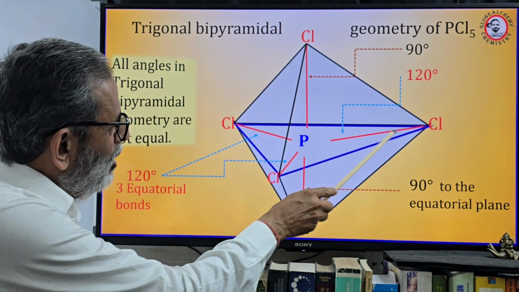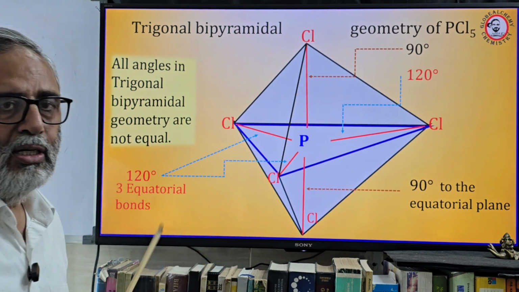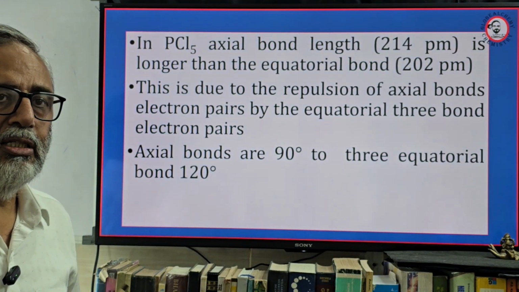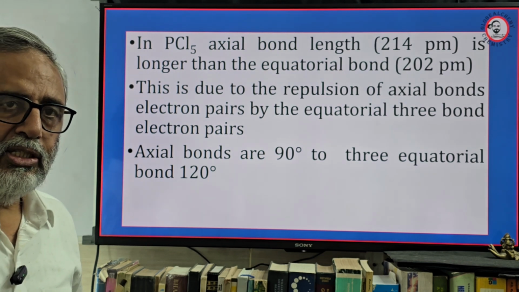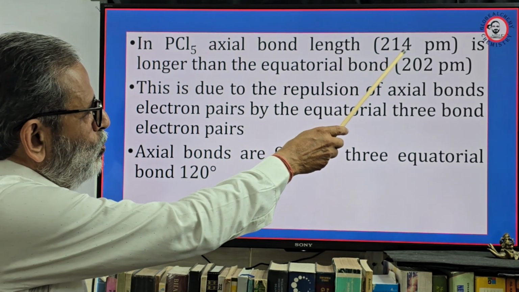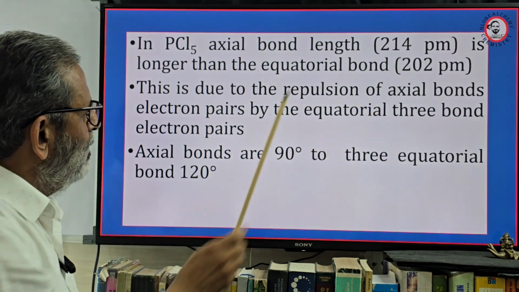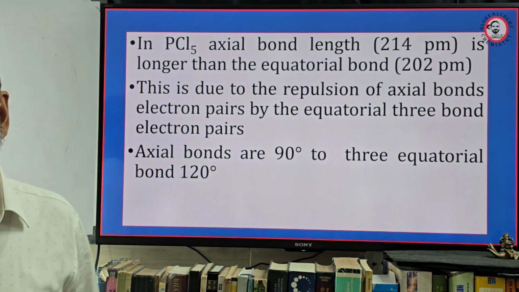So this bond length and this bond length is not equal. Why does this happen? You can see here in PCl5 the axial bond length, that is 214 picometer, is longer than the equatorial bond, that is 202 picometer.